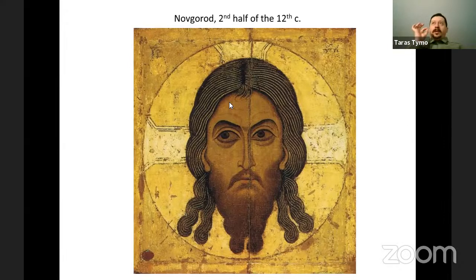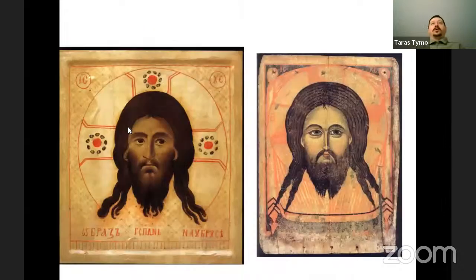It's too distinct to be made up. It must come down to a certain prototype. So it's one of the possible arguments that this iconography comes from the Mandylion veil, although we don't know for sure.